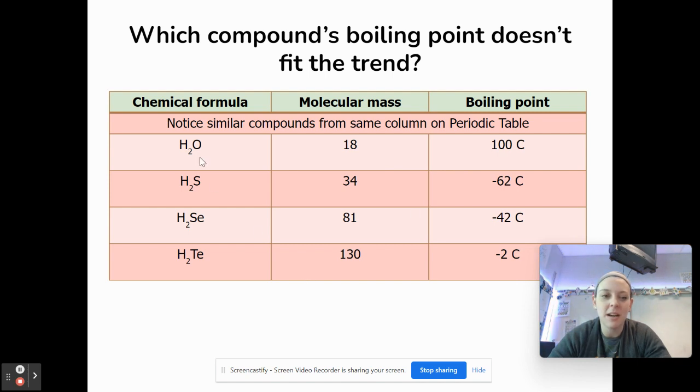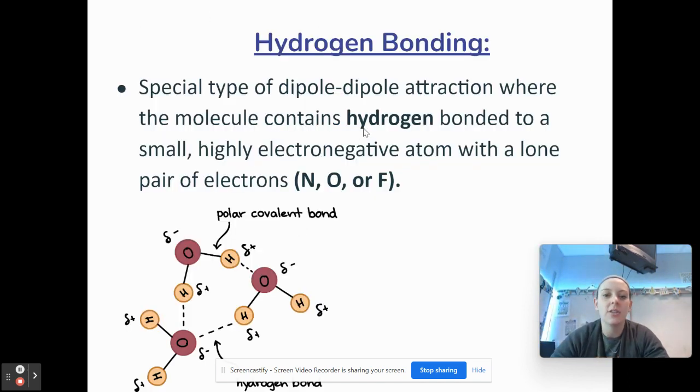The reason is because there are certain elements that form polar molecules where the difference in electronegativity is outrageously strong, like the strongest. When we see hydrogen bonded with nitrogen or oxygen or fluorine, these three elements and these three elements only, we will form what is called a hydrogen bond.